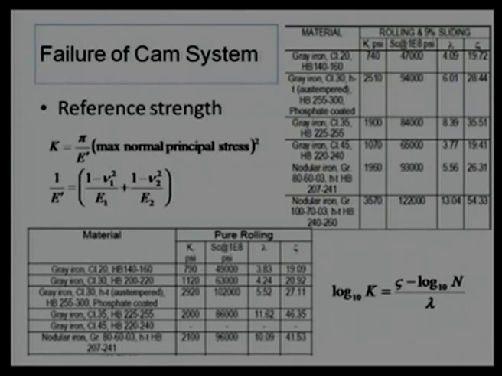There is also a correlation available between strength and the k parameter. We say if the surface strength for 10⁸ cycles has been introduced over here, we will get some value of k. Of course, E prime here is the effective Young's modulus, and we are talking about two materials.